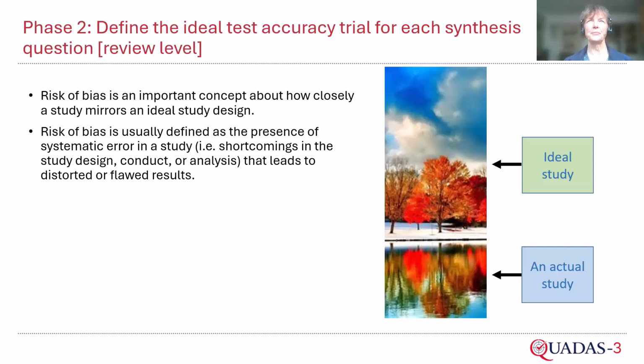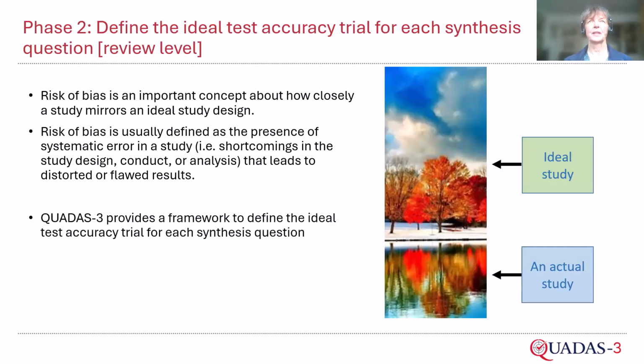Okay, and what the definition of the ideal trial does is it gives you something to look at your actual real studies and say, oh, okay, that's why there could be an issue, because they've moved away from what would be the perfect trial. And QUADAS-3 provides us with a framework for the ideal trial.